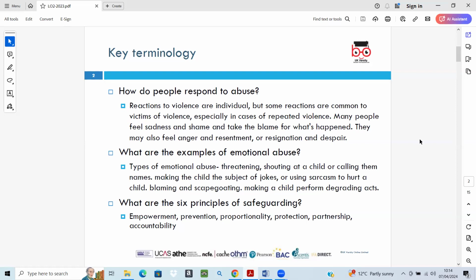Emotional abuse can include actions like shouting at a child, as you mentioned that other resident was shouting at that service user in the same care home. Someone shouting at a child or an adult, sometimes calling them names or making them the subject of hurtful jokes. These are in the category of emotional abuse.